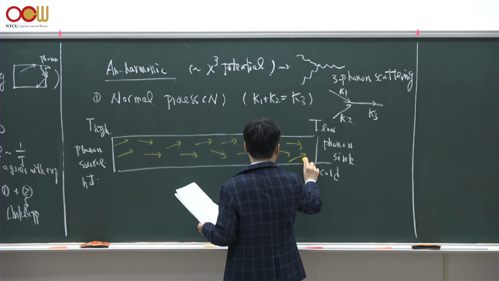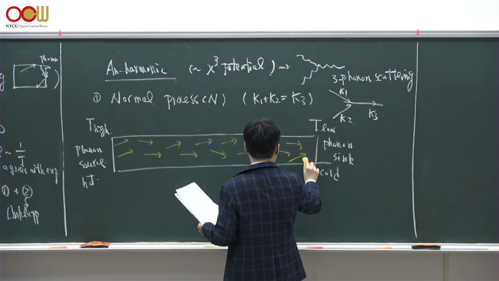I don't know which one, but there exist such Umklapp processes which lead to a k3 pointing in the opposite direction. As a result, even though the initial particle flow or momentum flow is non-zero, at the end of the day, when these Umklapp processes dominate, the final momentum flow should be zero.